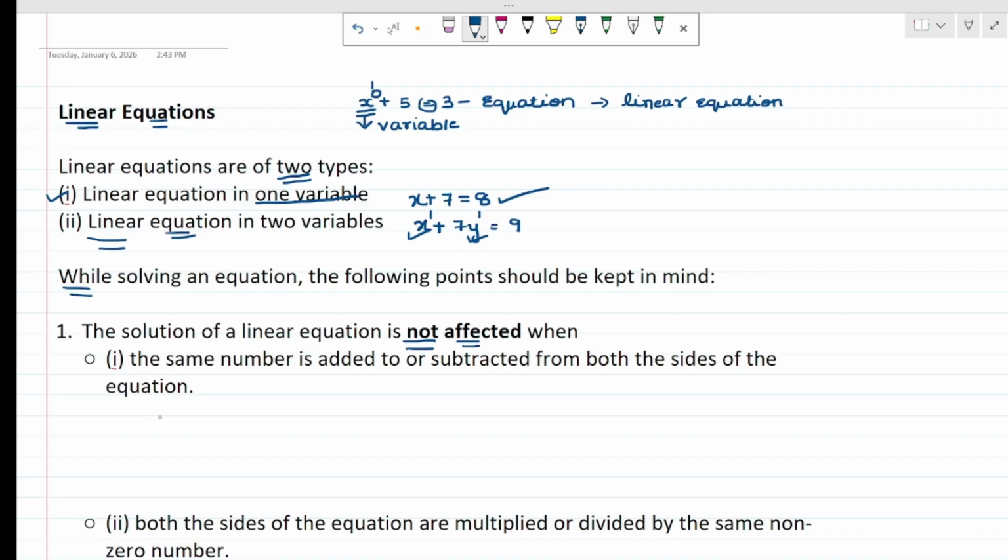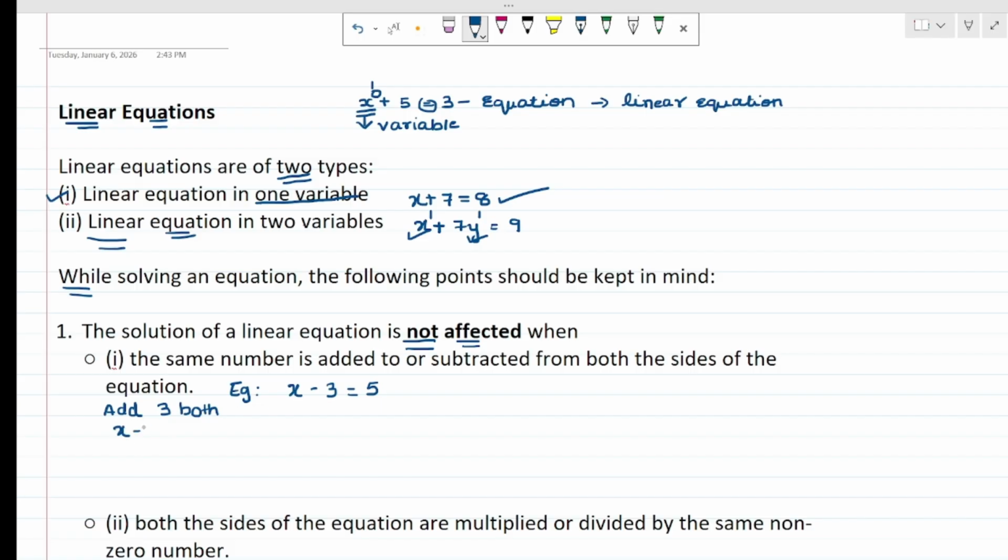Let me take an example. I have my example as x minus 3 is equals to 5. Now for the first case, I will add 3 on both the sides.